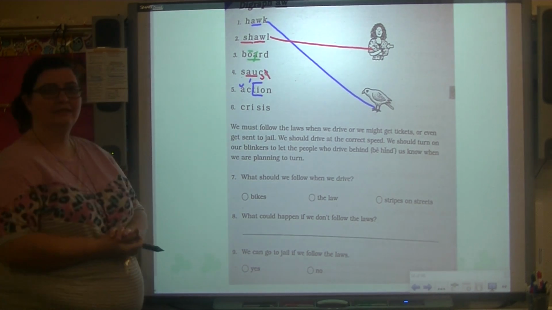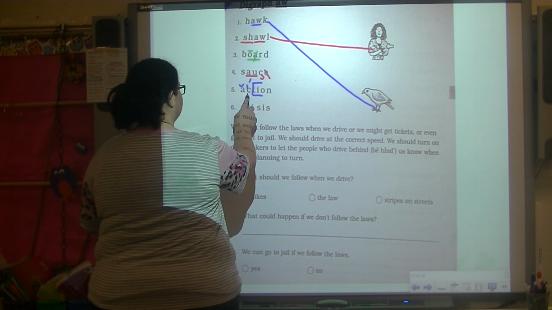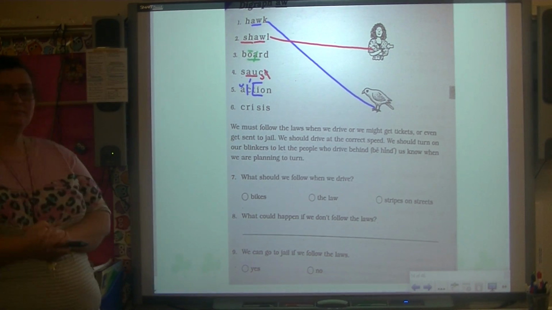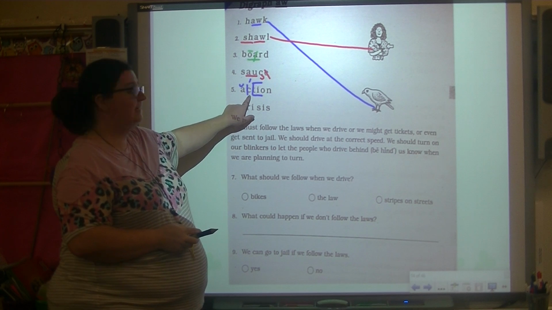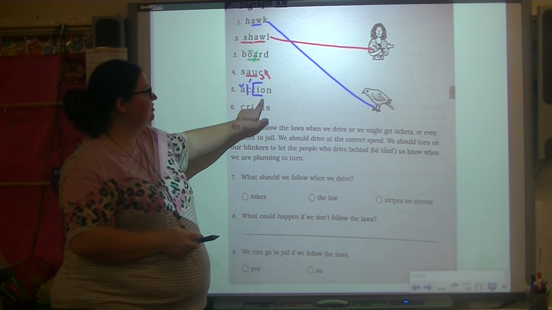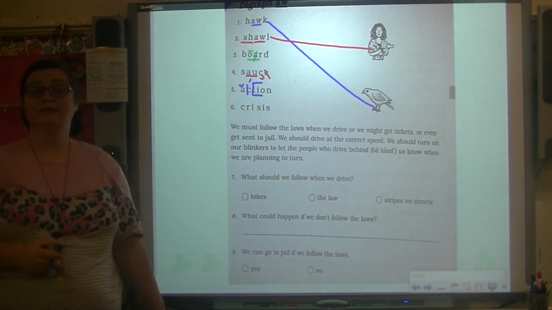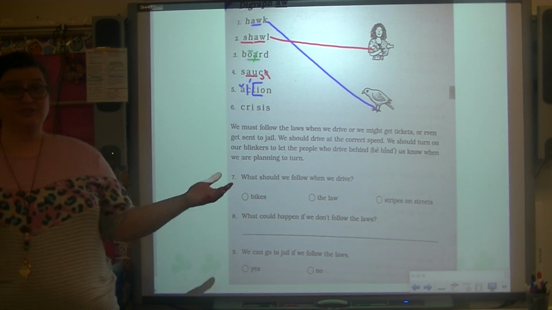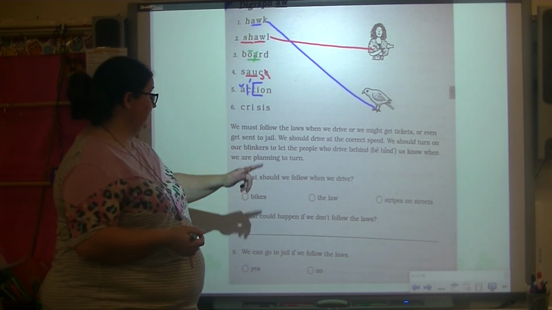This C makes the K sound. Sound it out. Action. What word? Action. Like we have action verbs. They tell you what to do. All right, number 6.